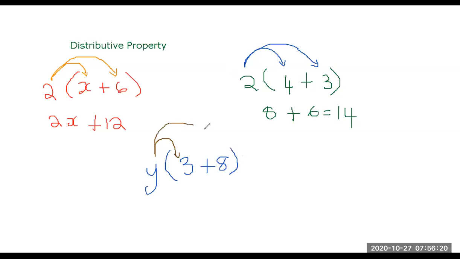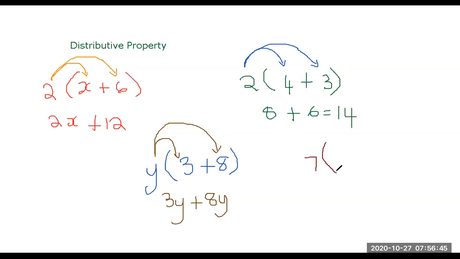See, I just go ahead and draw my arrows. y times 3 is 3y, and y times 8 is 8y. All right, we're not necessarily looking at combining like terms yet, so let's just leave our answers like that for now. I'm going to do one more.